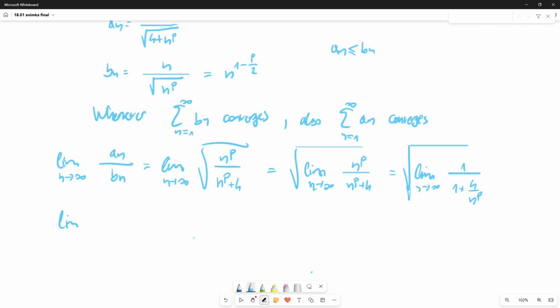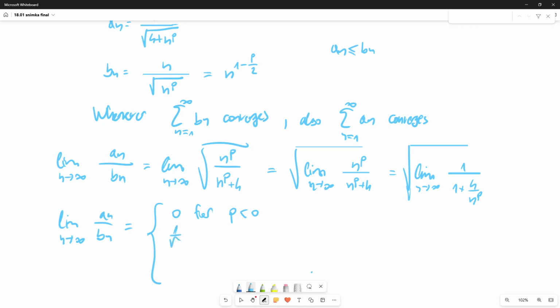Now, let's sum up our limit, which obviously depends on values of p. When p is less than 0, this limit is equal to 0. When p is equal to 0, we have n to the power of 0, which is equal to 1. 4 over 1 is 4, and it's 1 over 5, and we take the square root of 1 over 5.